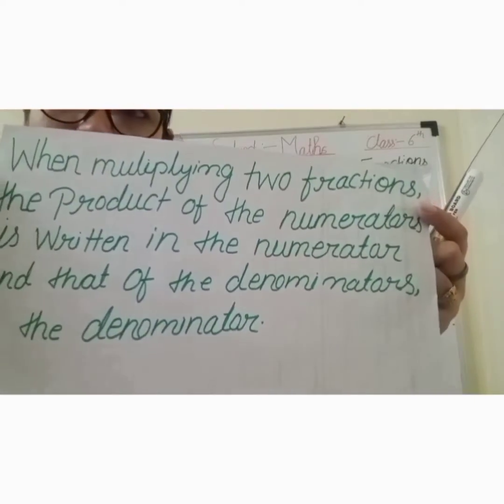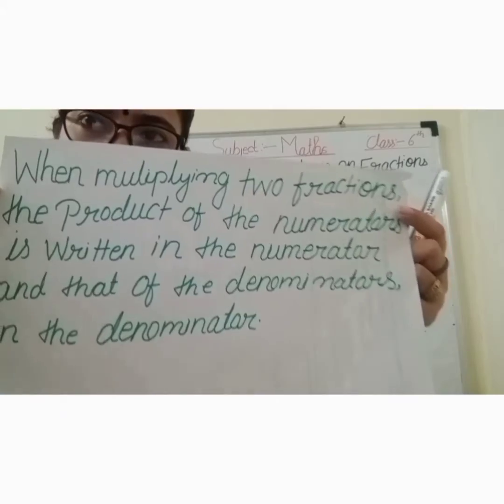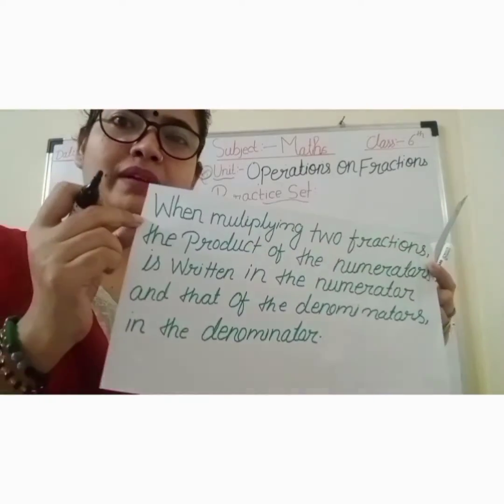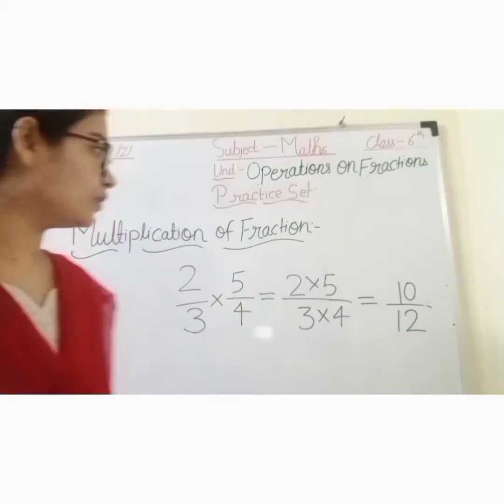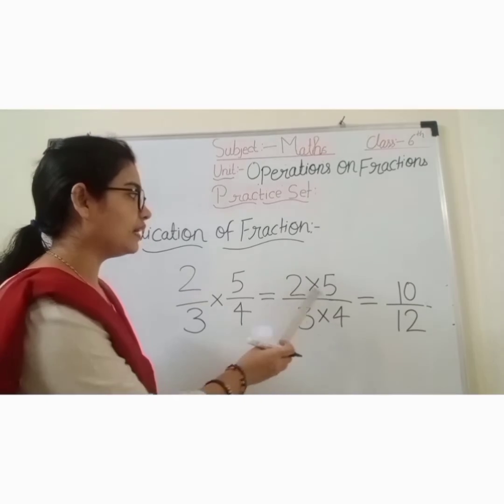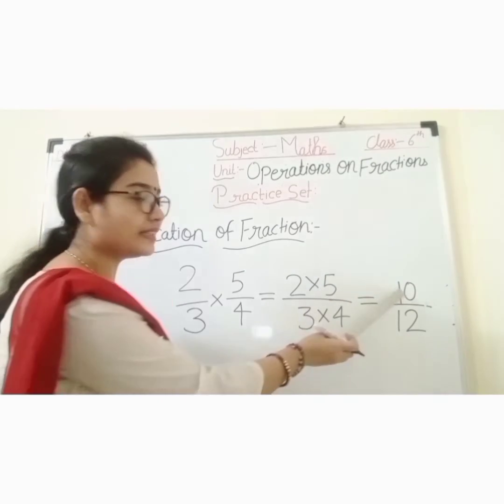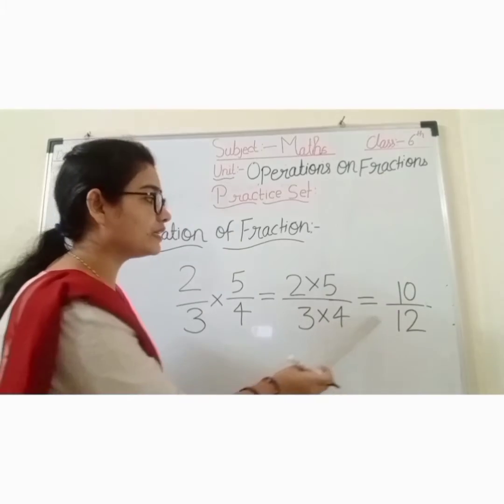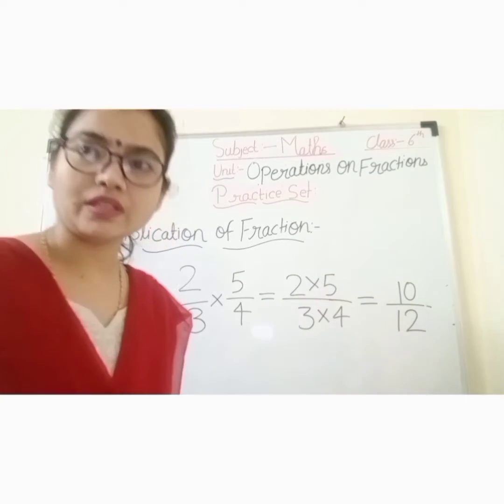Okay students, so you all will learn this. When you are multiplying two fractions, then the product of numerator you will write in numerator and the product of denominator you will write in denominator. Okay students?